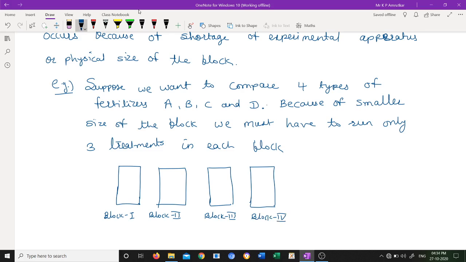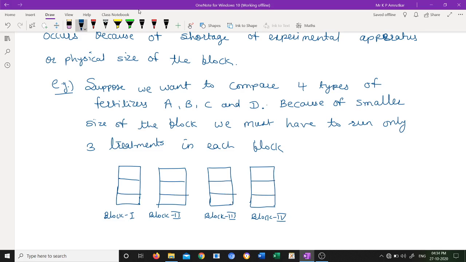We cannot divide each block into 4 plots because of the smaller size of the block, so we divide each block into 3 plots.